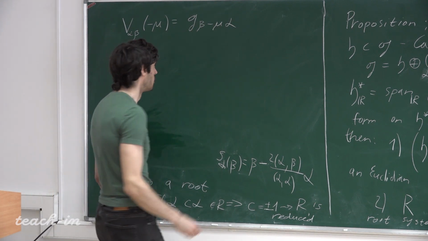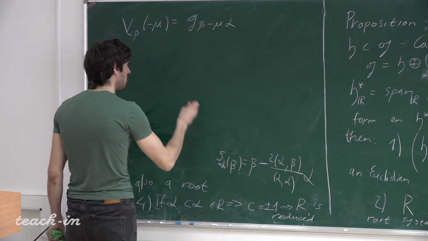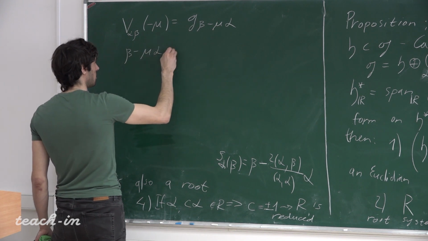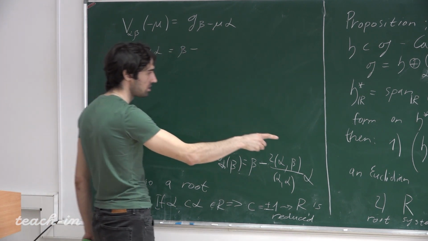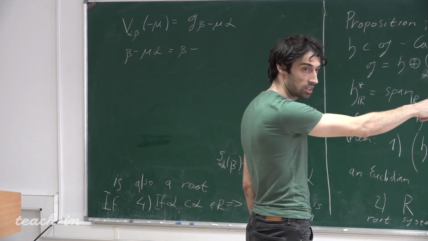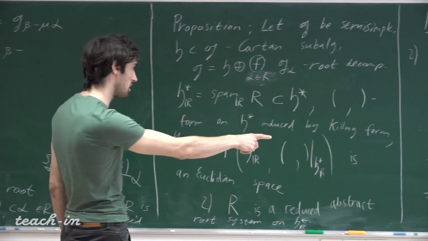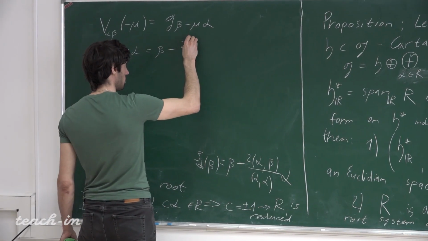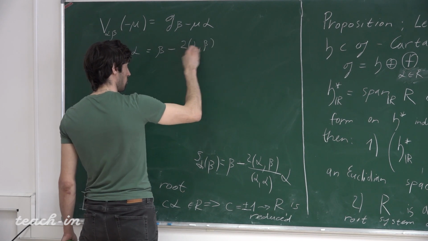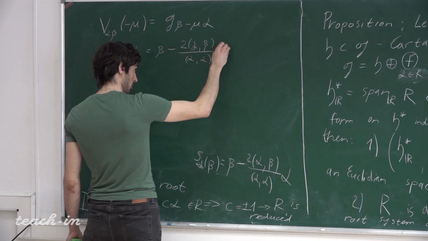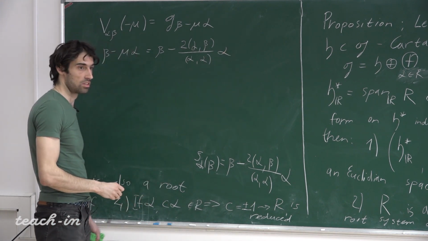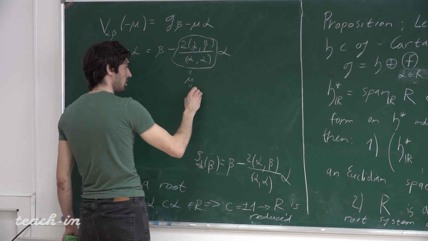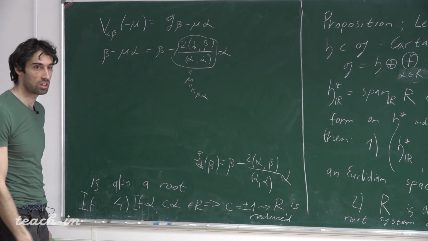But what is beta minus mu alpha? Mu is this number n beta alpha, and n beta alpha is 2 alpha beta over alpha alpha. So this is my mu, which is also n beta alpha.